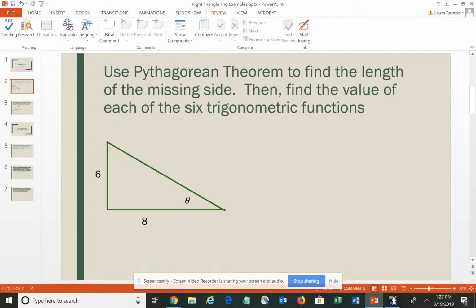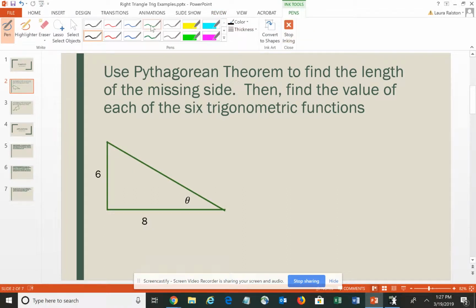It may not be as obvious, but we do have a right triangle. Here is our right angle. And opposite that right angle would be our hypotenuse, which is the side that I do not know.